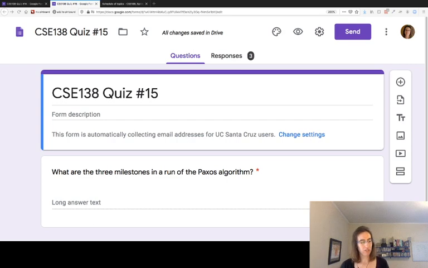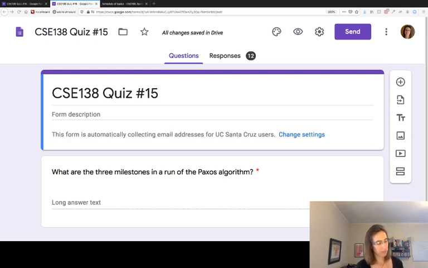So there was a question on Twitch. What happens if the accepted values are not the same? Okay. So let's say that P1 is interacting with A1 and A2, and let's say that there's another proposer over here.